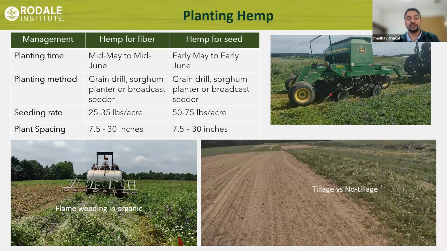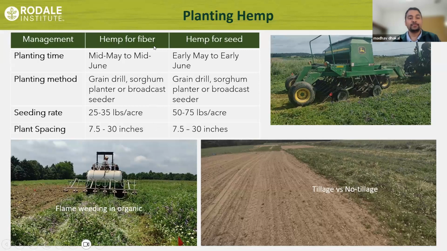That means you need to make sure that the residue is low on the top, or you are properly terminating your cover crop, rolling or mowing it and making the seeding row really clean, because that is needed to allow proper emergence of the hemp after planting.